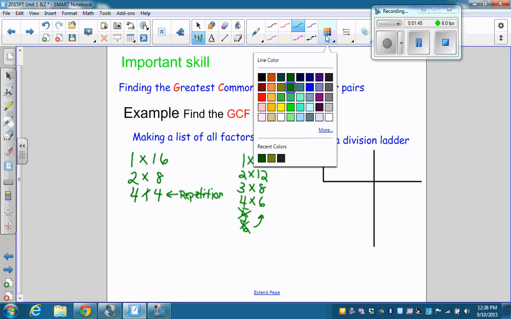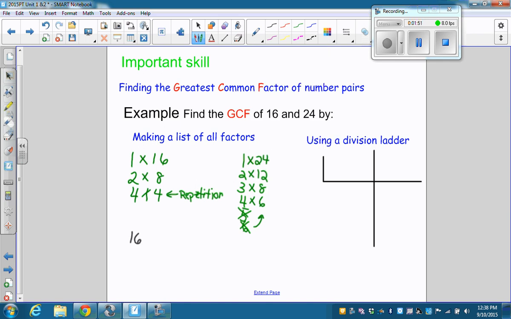And in class yesterday, the next thing we did was we wrote a list of all the factors of 16 from low to high, 1, 2, 4, 8, and 16, and did the same thing for 24, 1, 2, 3, 4, 6, 8, 12, and 24.